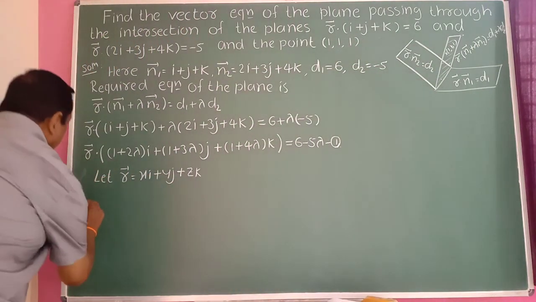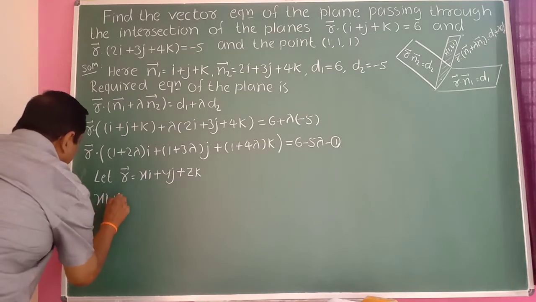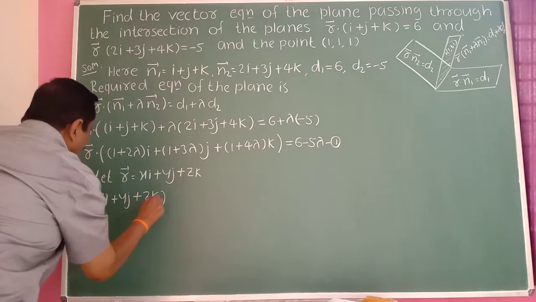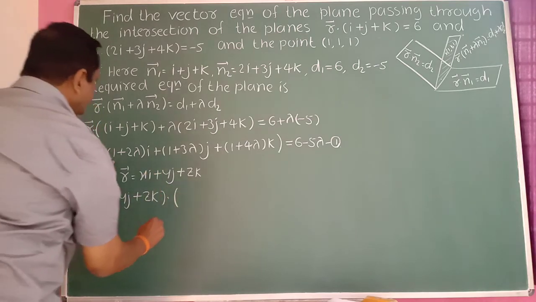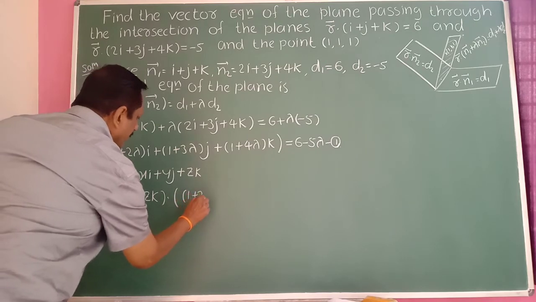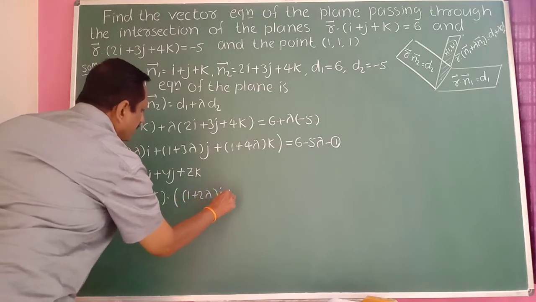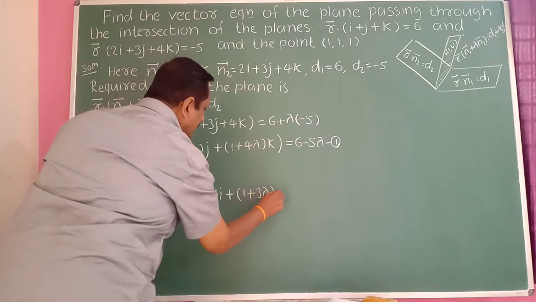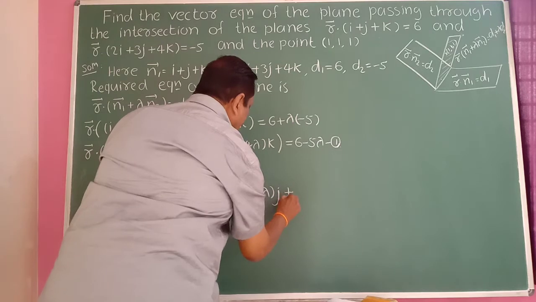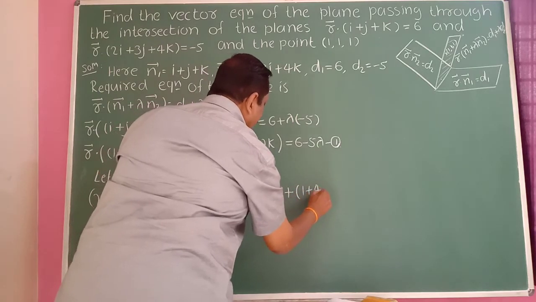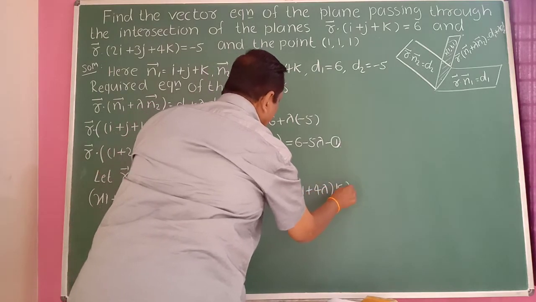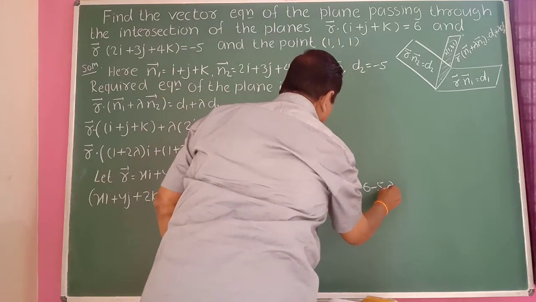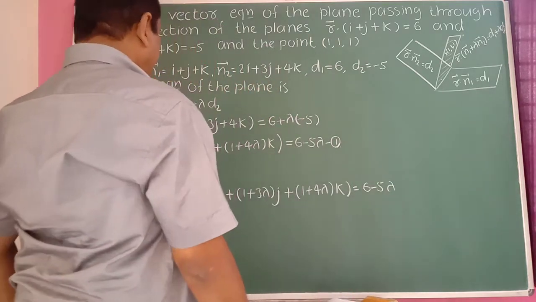Therefore, xi plus yj plus zk dot of (1 plus 2 lambda) i plus (1 plus 3 lambda) j plus (1 plus 4 lambda) k is equal to 6 minus 5 lambda.